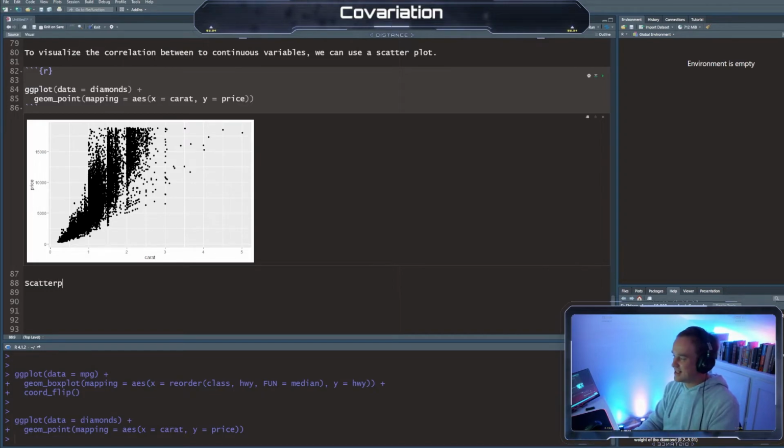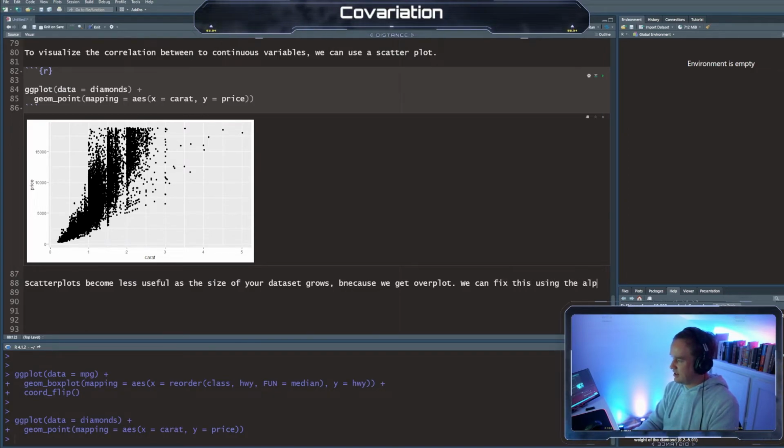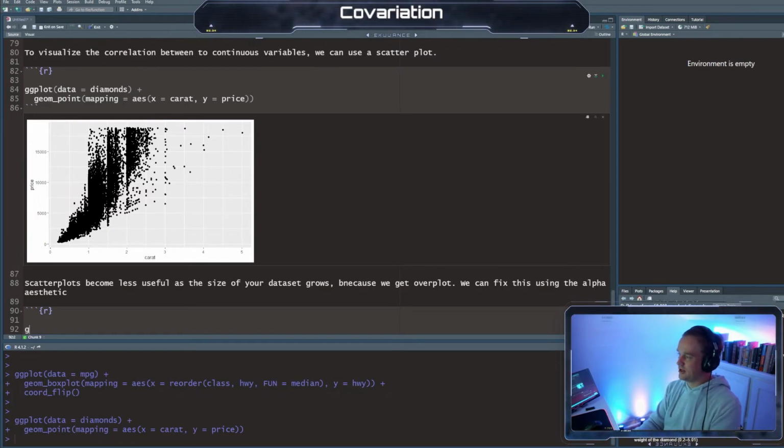Scatter plots become less useful as the size of your data set grows, because we get overplotting, is what it's called. We can fix this using the alpha aesthetic. I think we've talked about alpha before, that's transparency, right? So what you set your alpha to.